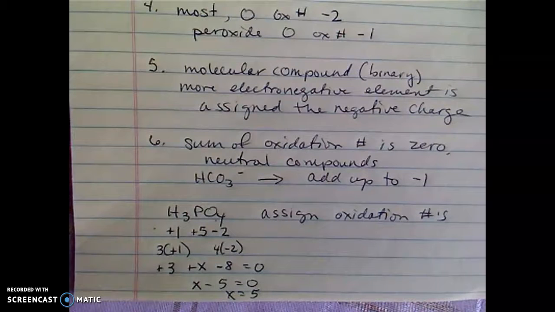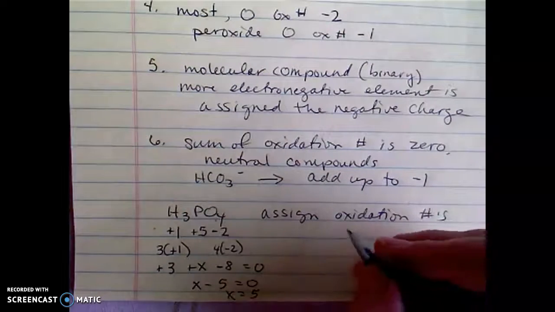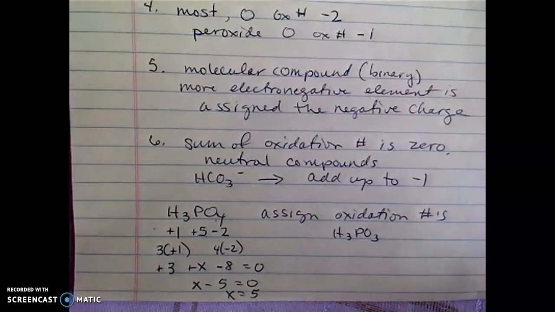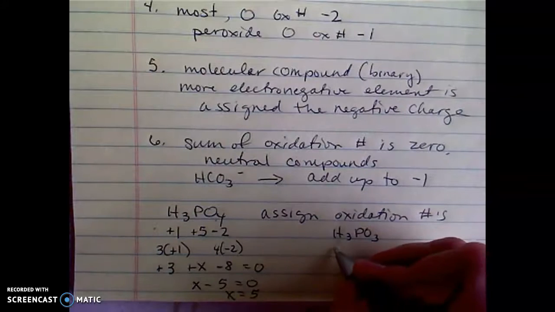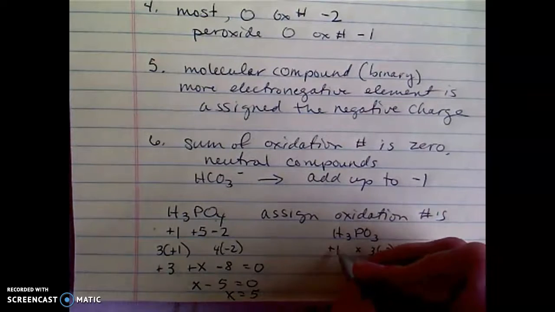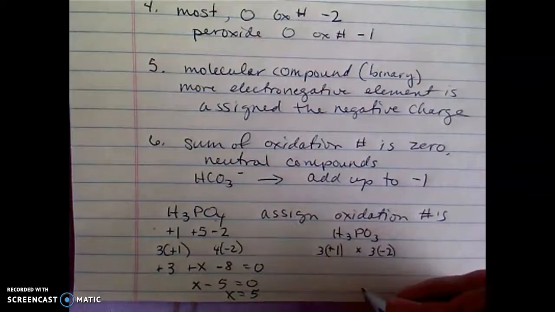Just takes a little bit of practice. Now, if we were to change this and let's say we looked at H3PO3, phosphorous acid, you're going to see a change here. Again, our hydrogen is a +1. We don't know our phosphorus. Our oxygen's a -2. Again, there are 3 of these, and there are 3 of these.